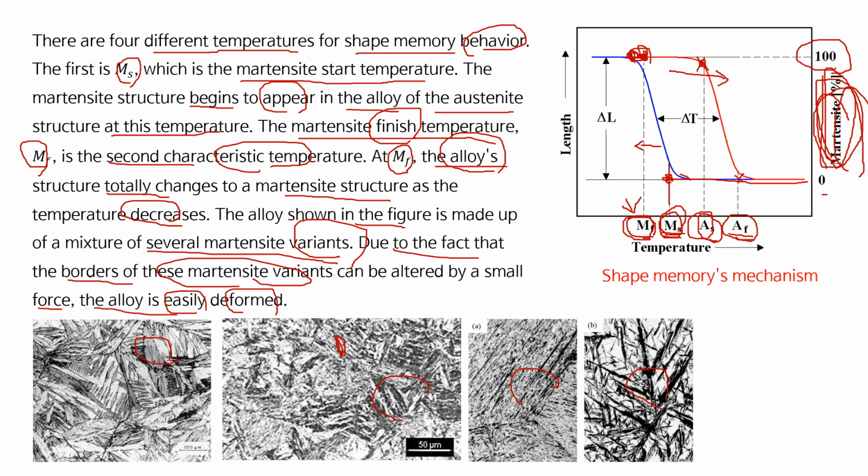That means 0 martensite state structure. So at this temperature, there is no martensite structure in the alloy.